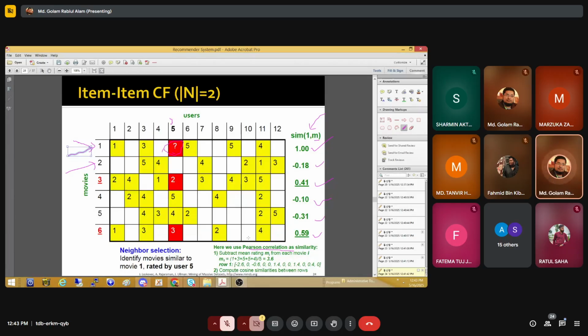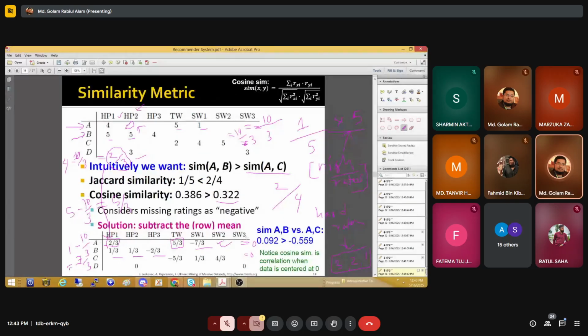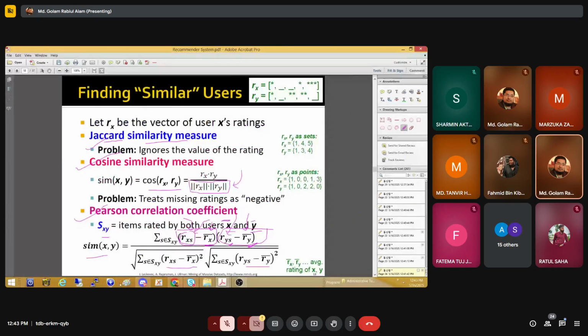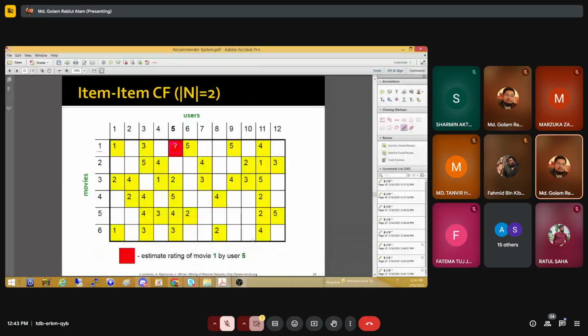I think I have already discussed the Pearson correlation similarity, so you can find that.